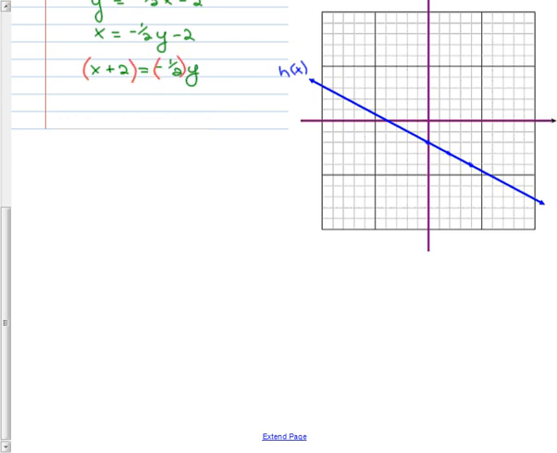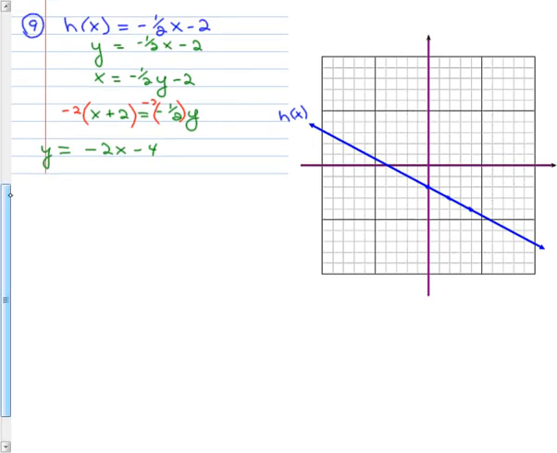So if I multiplied by negative 2 on both sides, that would eliminate that negative 1/2. I'd get negative 2x minus 4 equals my y, or I could say y equals. Then I'm going to write it in the inverse function notation. Since this was h, I'm going to say h of x inverse equals negative 2x minus 4. So there's the answer to what is the inverse function.